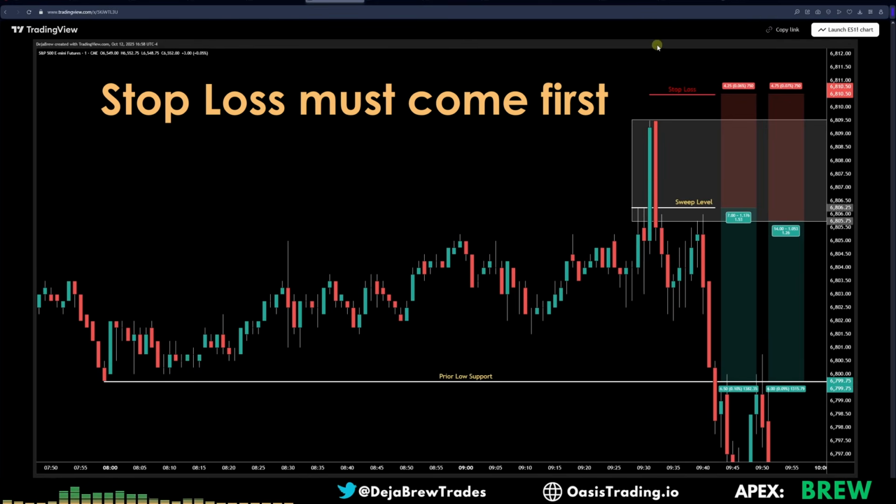You need to identify where your stop loss should be first. Then you can say, based on where that stop loss is and where my target is, this is where I can enter. You don't want to pull your stop loss to make your risk to reward make sense, because then you're just putting your stop loss in an area that is easier to hit.